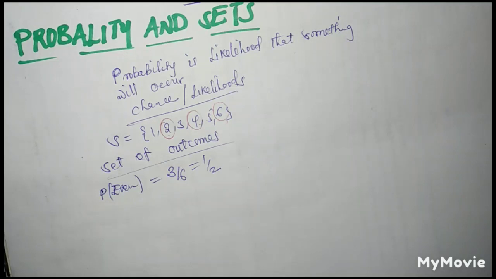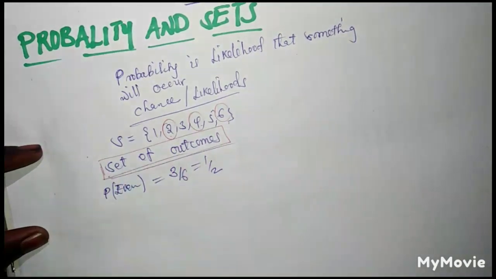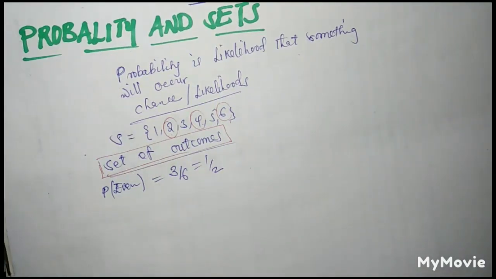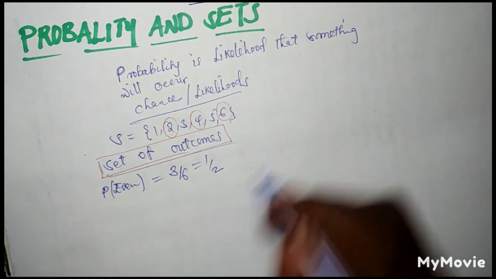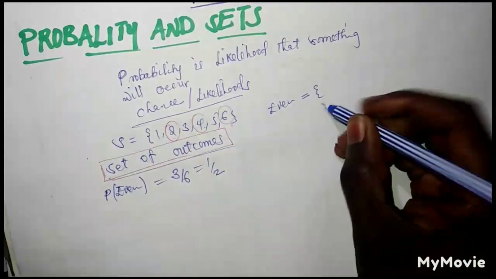Okay, but this video is mostly concerned with sets. We see that this sample space also gives us the set of outcomes. A set is a collection of well-defined objects. In here we have the set, this is our sample space.